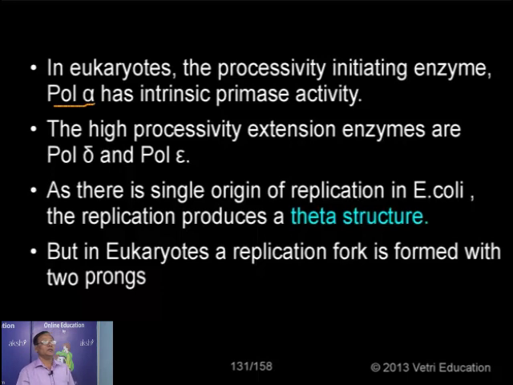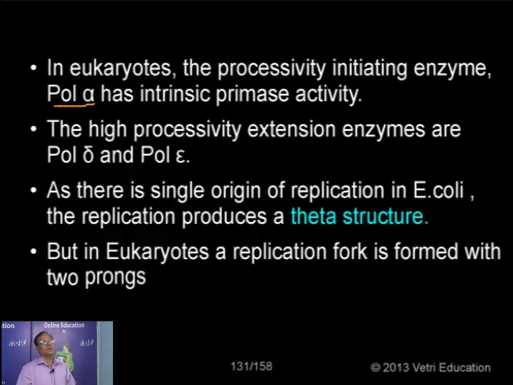This processivity initiating enzyme, the one which initiates the process of polymerization, polymerase alpha, has intrinsic primase activity. So it acts as an enzyme initiating the formation of the primer, which is then followed by DNA polymerase for the extension of the DNA molecule.